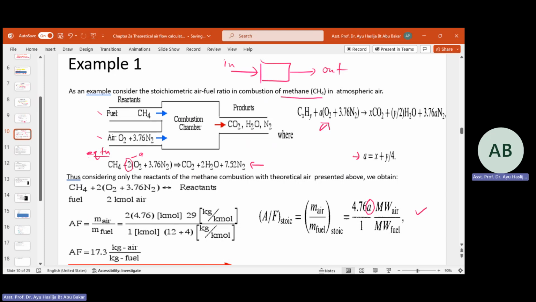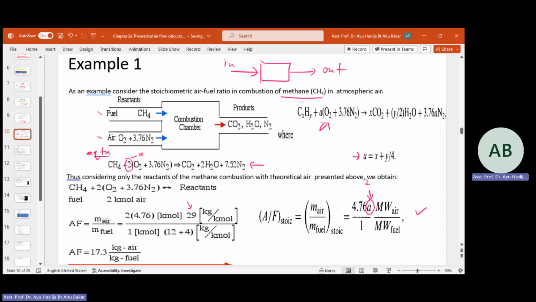Okay, then from there, substitute all the infos. A, kita dapat 2. So MW air is 29 over molecular weight of the fuel.